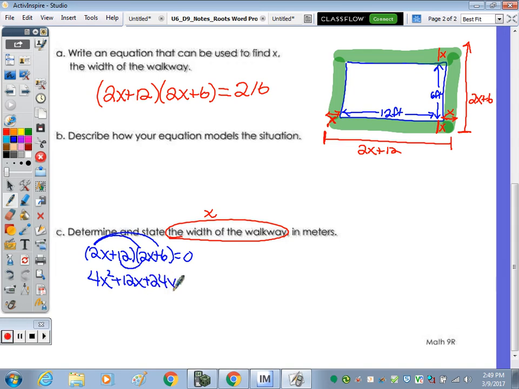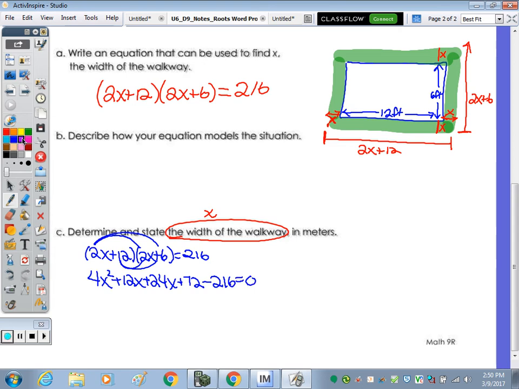Good, and then last, 12 times 6, 72. I forgot to bring down right here the 216. But we're going to want to subtract the 216 to get it set equal to 0. Okay, so that it's in standard form.